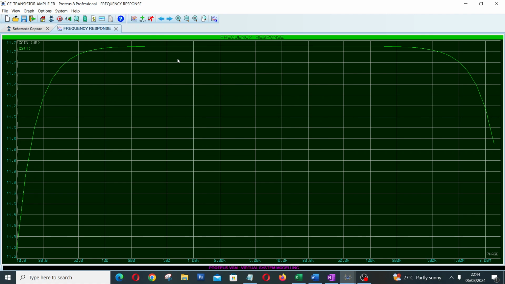Naturally, this frequency response has converted our gain to decibels. When you click on the cursor to get the highest frequency, everywhere around here is the highest. These are the highest points. If you take a look at this side of the graph, you see the value 11.7 decibels.